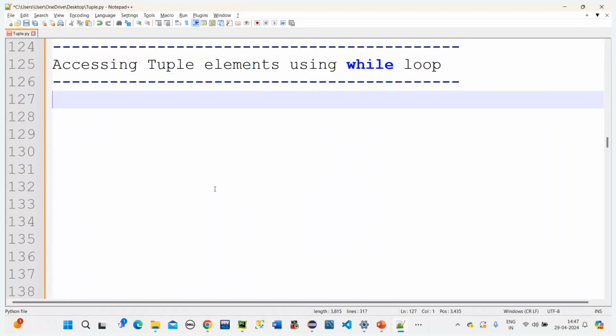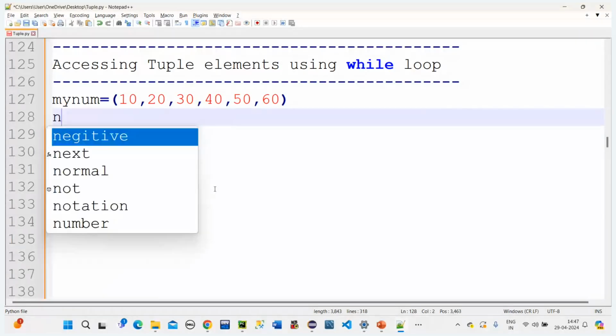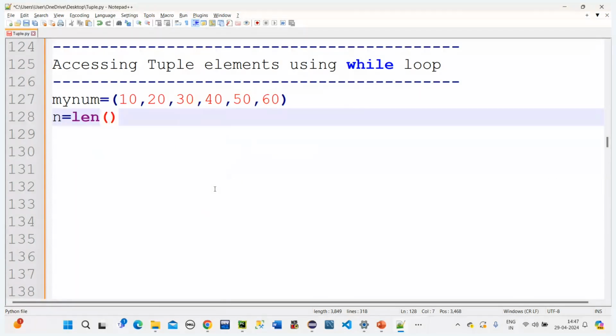Now see here, my num is equal to 10, 20, 30, 40, 50, 60. I want to print everything, so I'm making use of the length function. n is equal to len of my num.